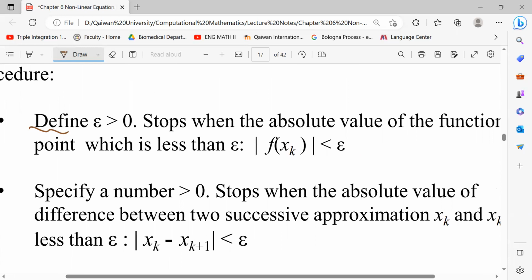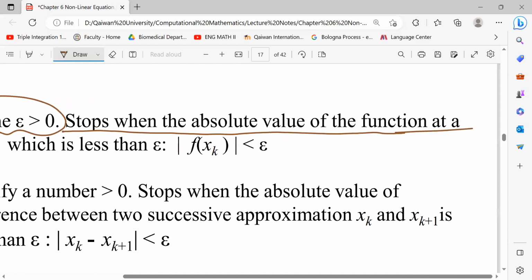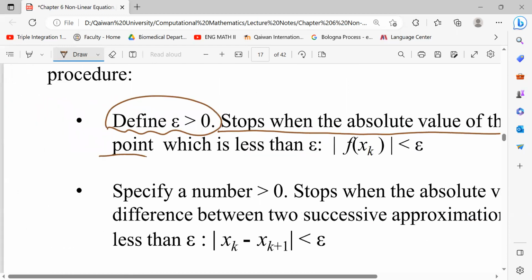We say epsilon should be given. Epsilon is the rate of error. It should be given in the example or in the question. It says stop when the absolute value of the function at a point is less than this, so f of xk must be less than epsilon.